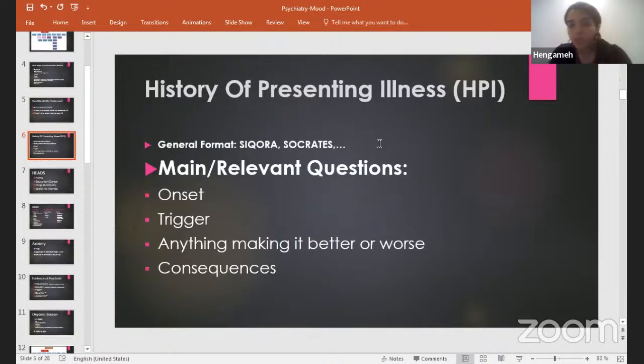Then we have history of presenting complaints. We don't necessarily have to always start with history of presenting complaint. It's based on what the scenario is. So it's better to ask about onset, what might have triggered it, anything making it better or worse, depending on what the situation is.